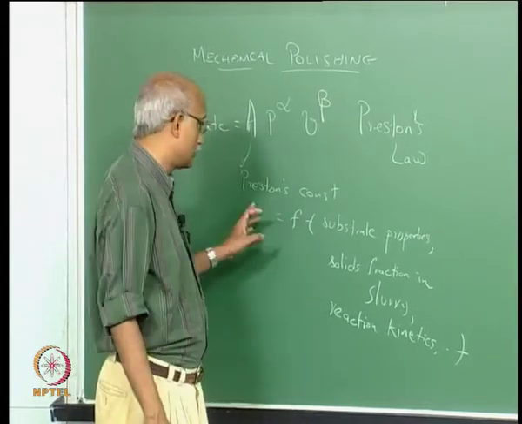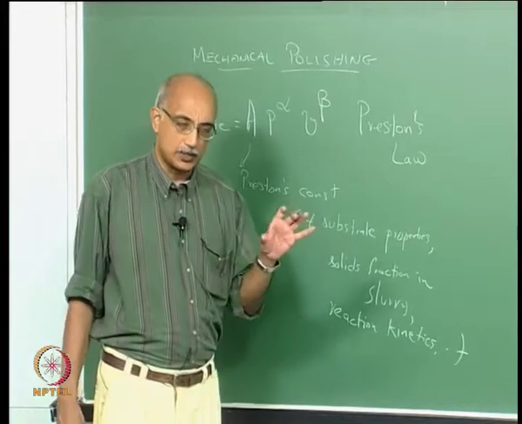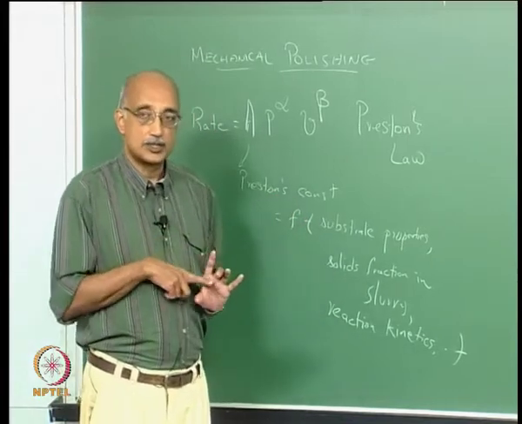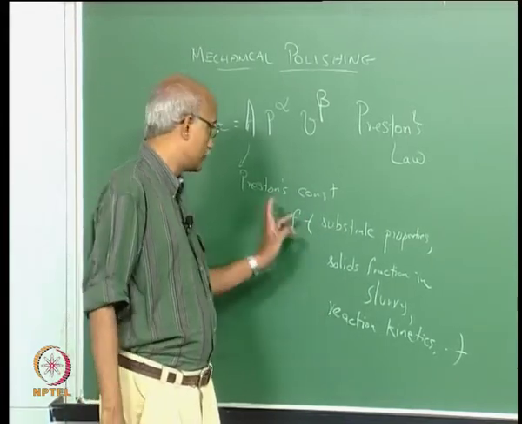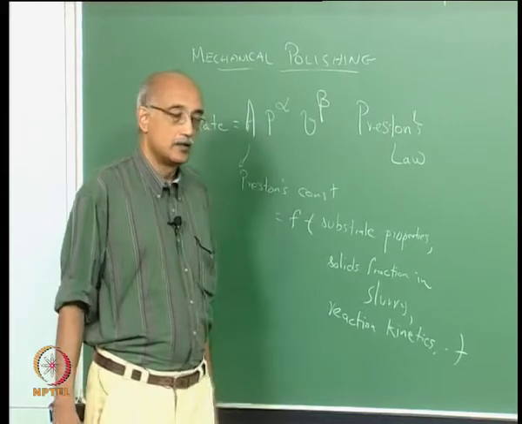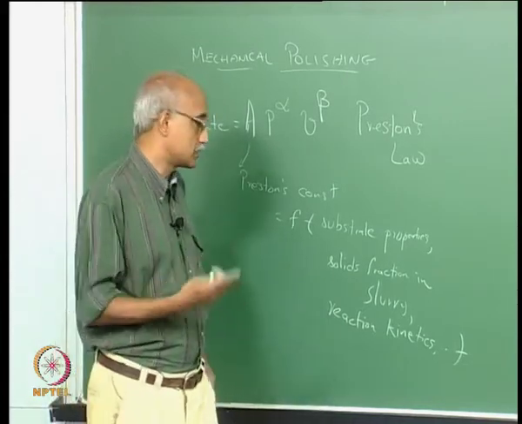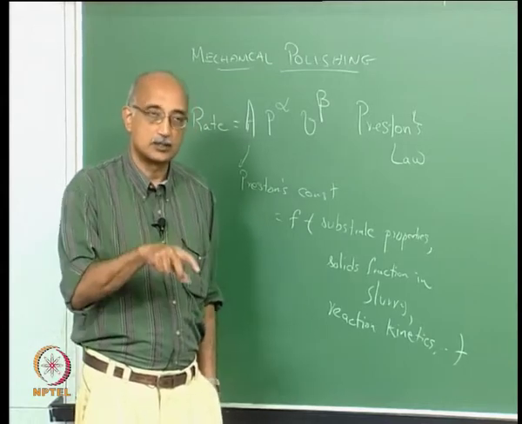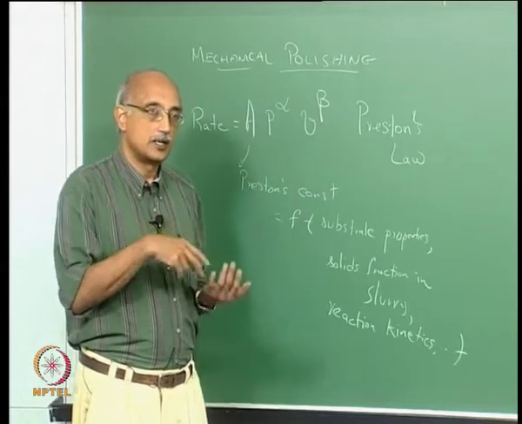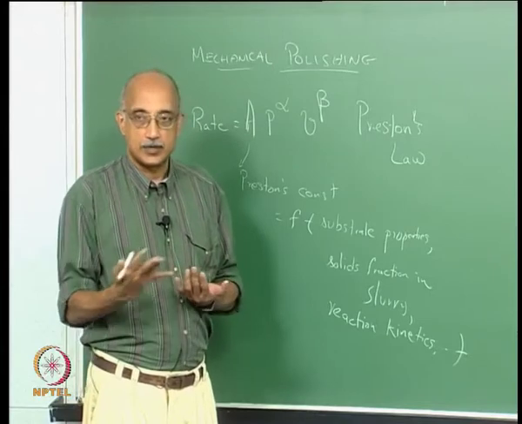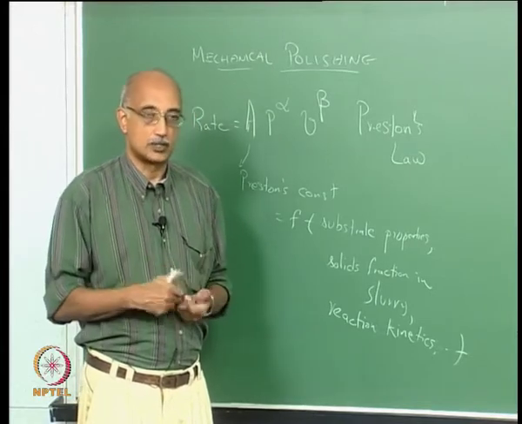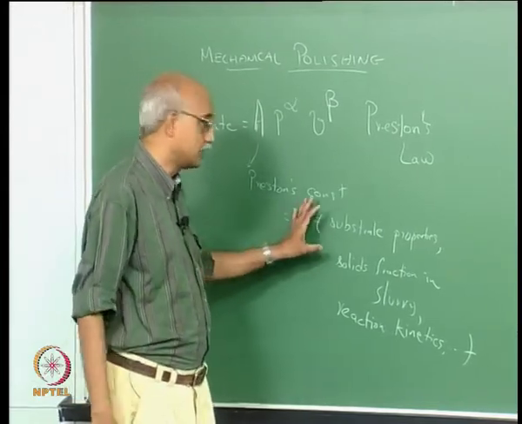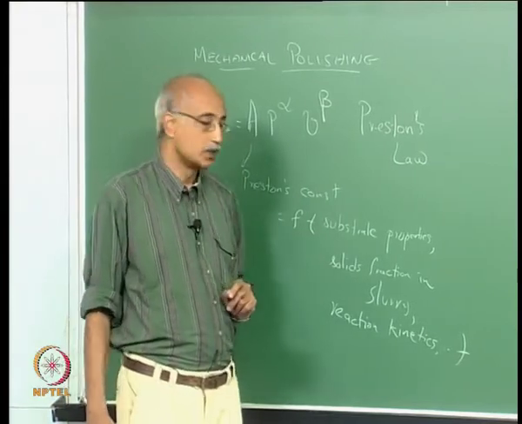So, for example, when you are trying to polish a substrate with multiple chemical constituents, the constant A may essentially be insensitive to the reaction kinetics for certain components or constituents, and it may have a high dependence on reaction kinetics for other constituents or components. So, all of this is bundled into this constant term.